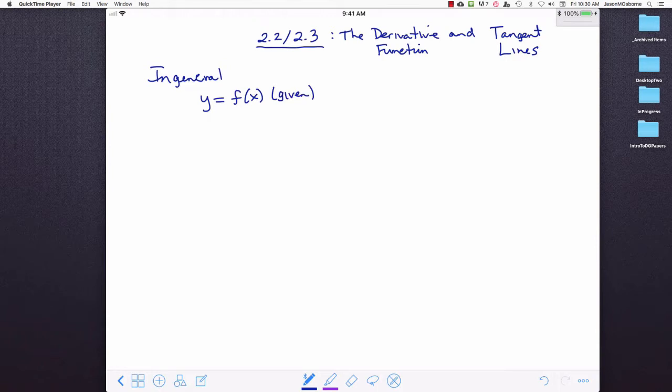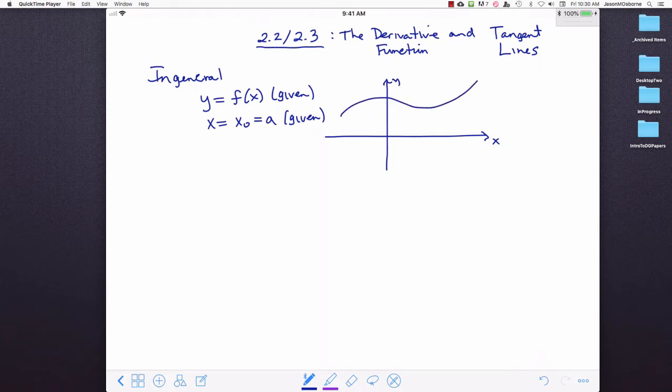And there could be some point that you're interested in, x equals x0, also called a, and this could also be given to you. Here's my function. The value x equals a is what was given to you as some point of interest.